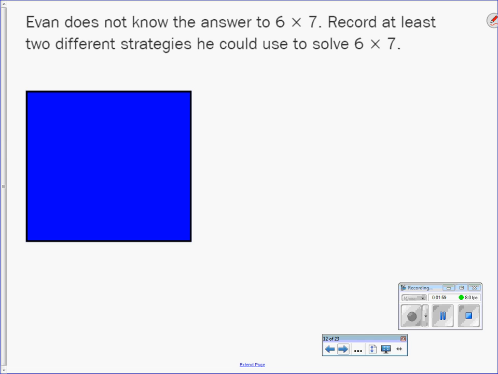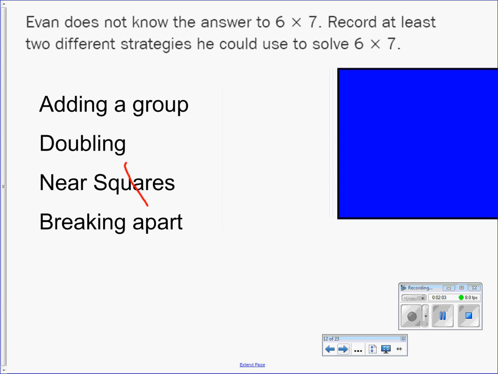Okay, boys and girls, and if we can remember, these were some of our strategies that we could use. We could do adding a group, and if we did adding a group, we could do 5 times 7, because 5 is something that we already know, which gives me 35 plus 7.